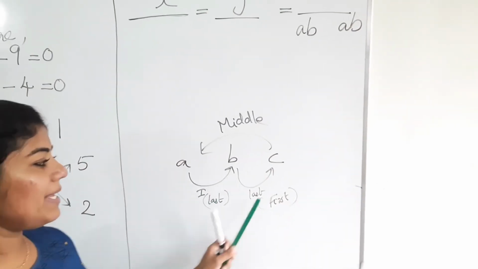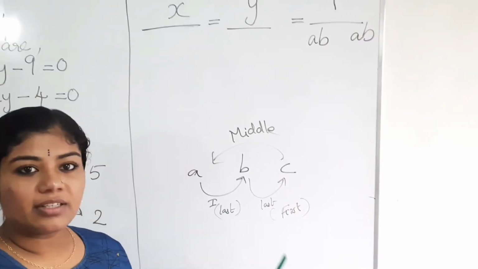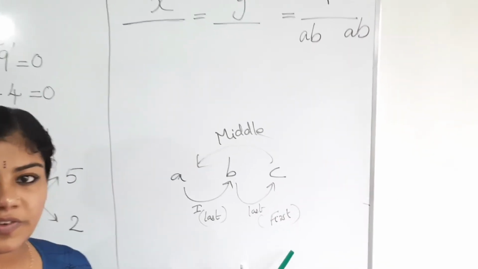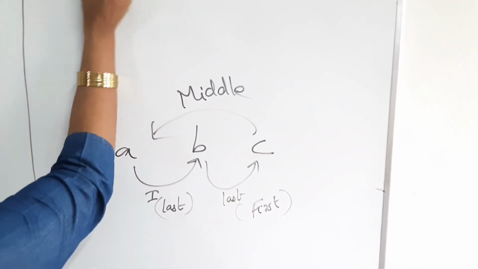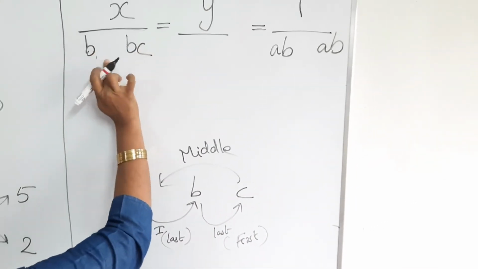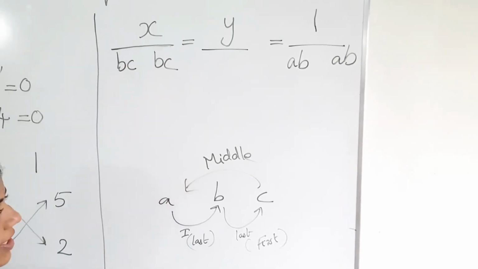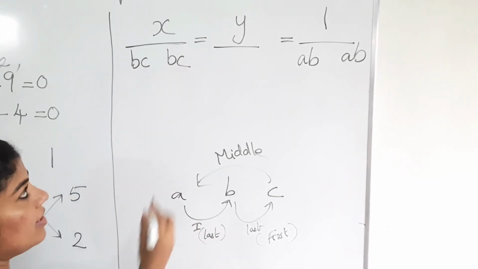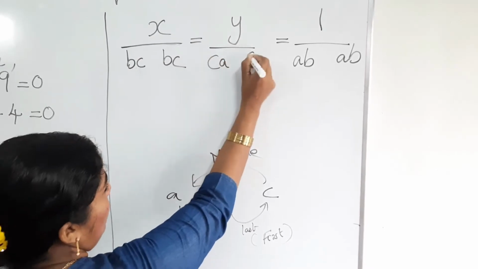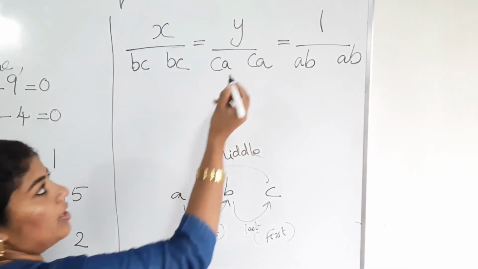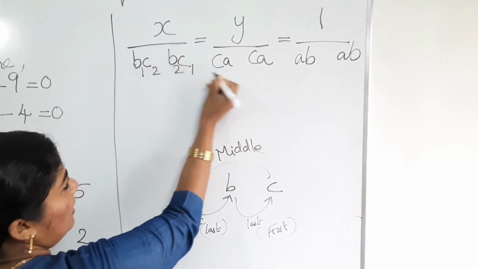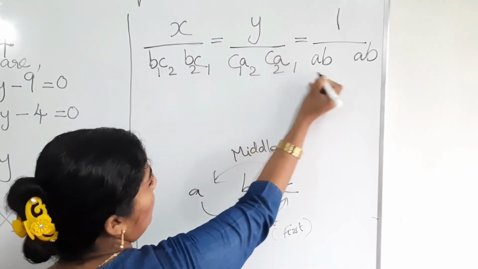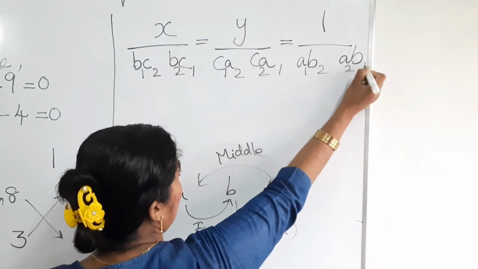Here b, c is the last, so you write it first. So b, c, b, c. Here c, a is written in the middle: c, a, c, a. Now we write 1, 2, 2, 1, 1, 2, 2, 1, 1, 2, 2, 1.